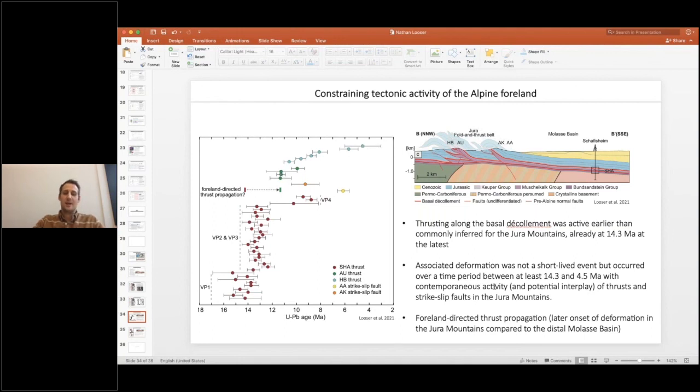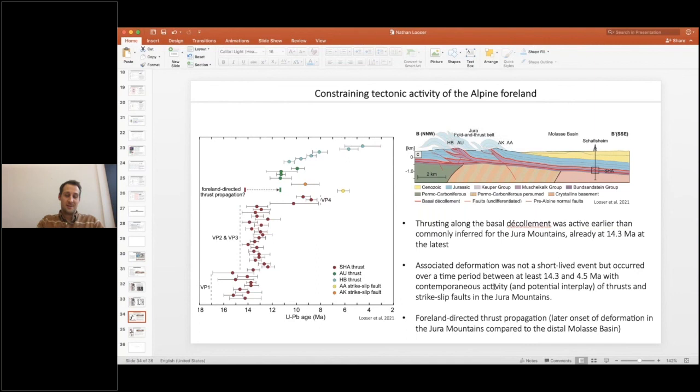Okay. So in a nutshell, what we see is in Schafisheim with ages of 14.3 million years that are clearly related to this thrust, is that thrusting along the basal décollement was earlier active than it was commonly inferred for the Jura Mountains.